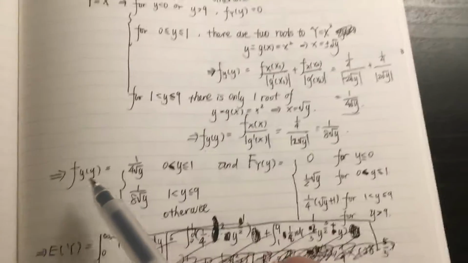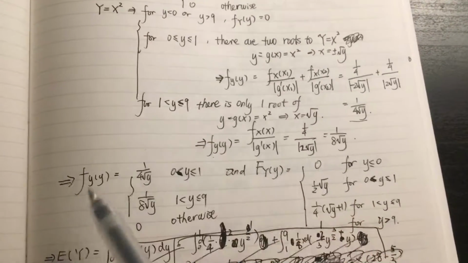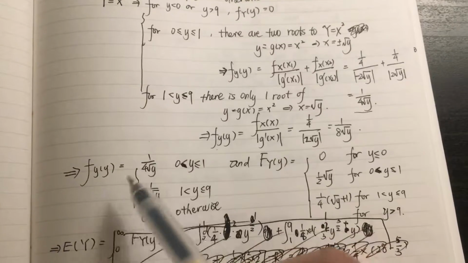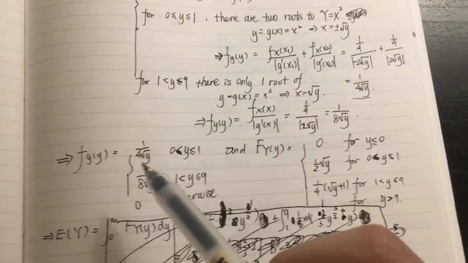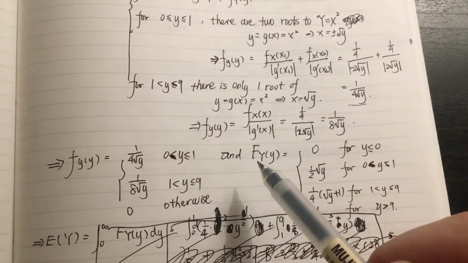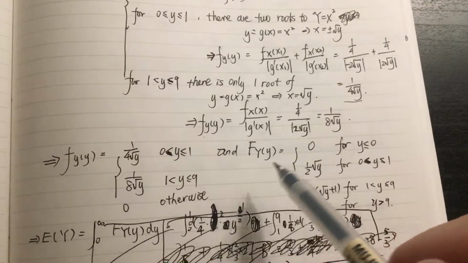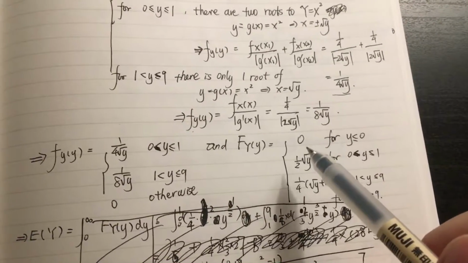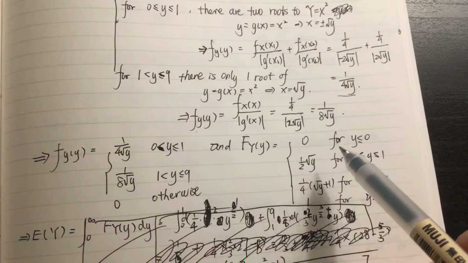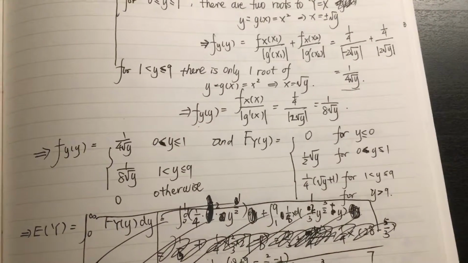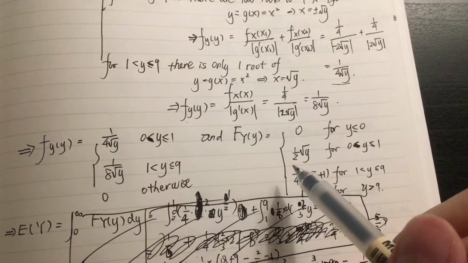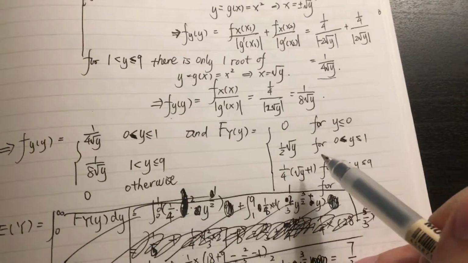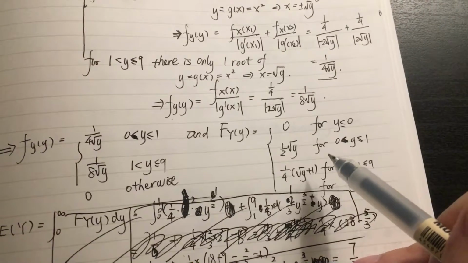And so we can write this density function of y in a more general form, and we can get capital F of y equal to 0 when y is less than or equal to 0, and it is equal to 1/2 times square root of y for y between 0 and 1.